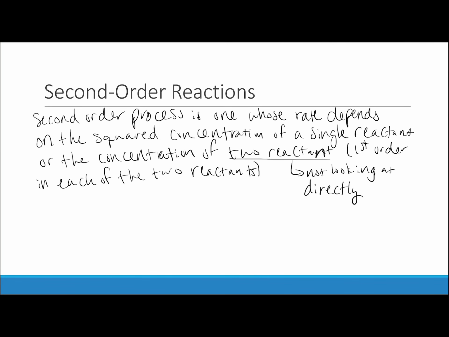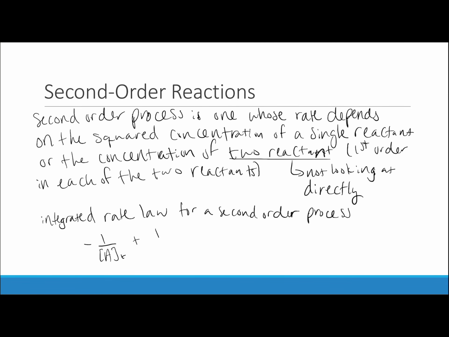And with this, our integrated rate law for a second order process, again, math on PowerPoint if you want to look at it, is 1 over A at time t plus... negative 1 over A at time t plus 1 over A naught is equal to negative kt. Okay, so this is our integrated rate law for a second order process.